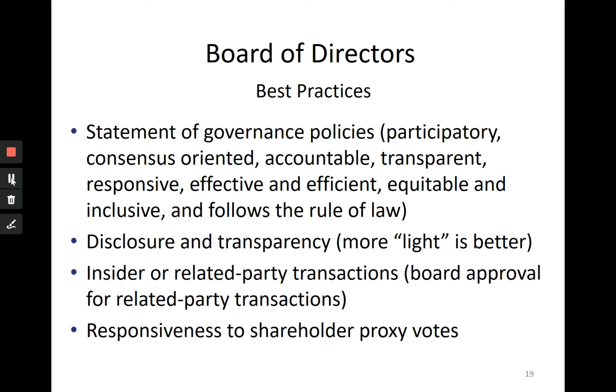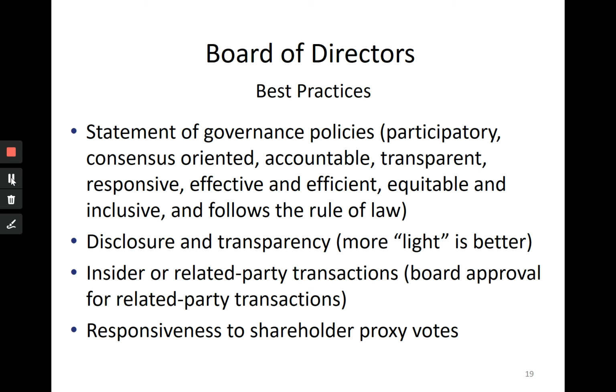These governance policies could have items such as making sure that individuals are accountable, that the board is run and the corporation is run in a way that consensus can be reached, that different individuals can participate and express their views and their knowledge, and that the process is transparent, responsive.